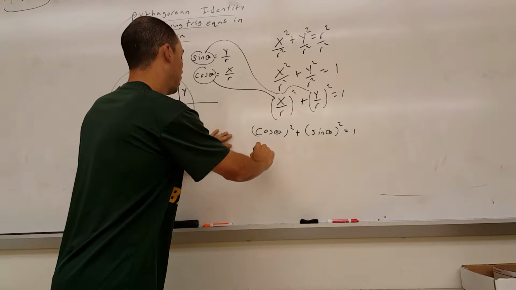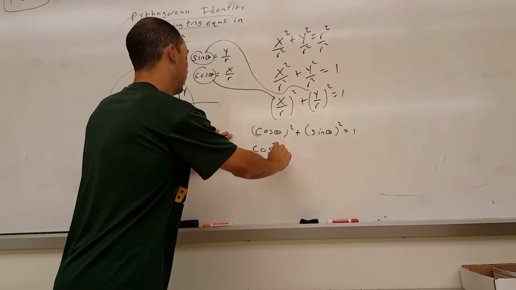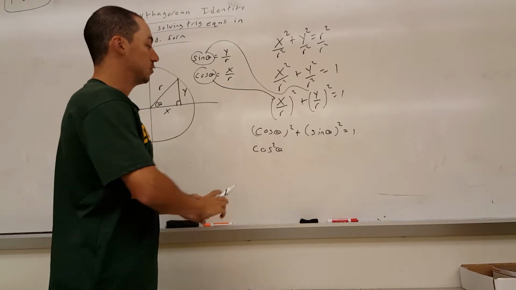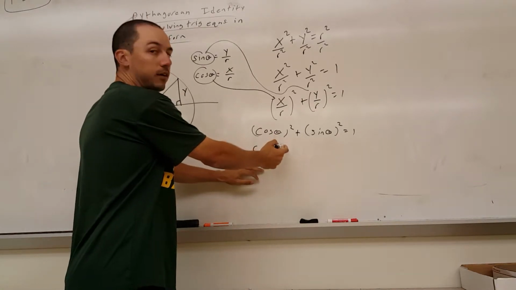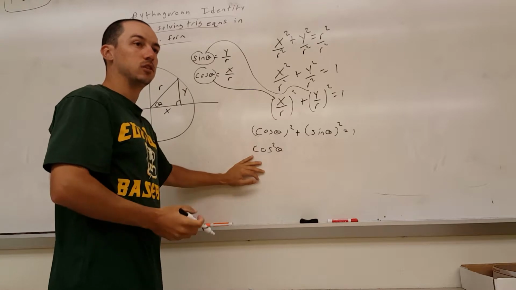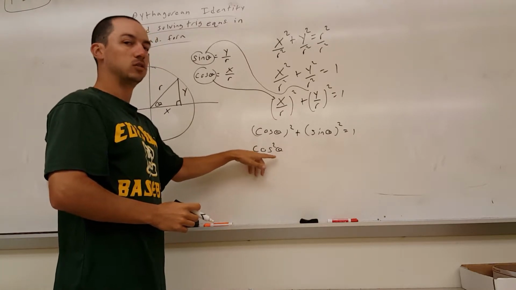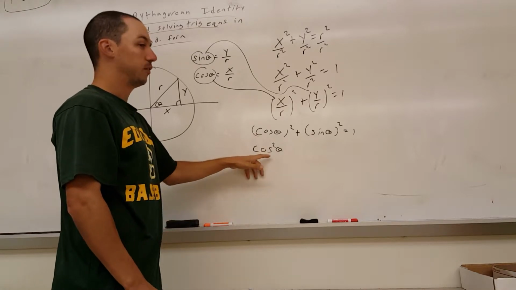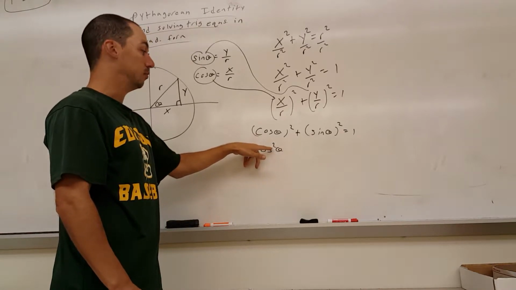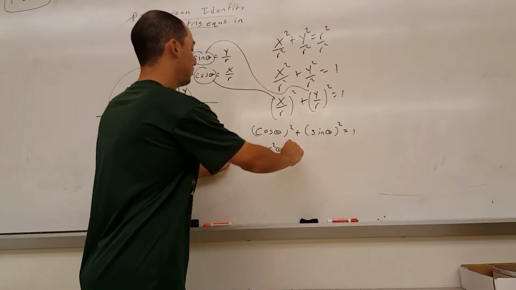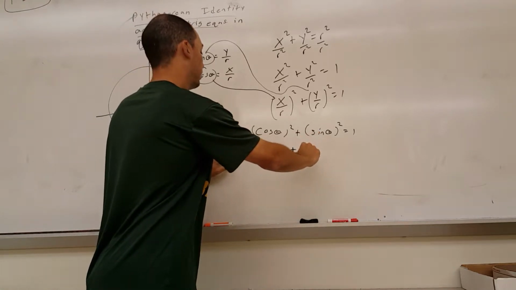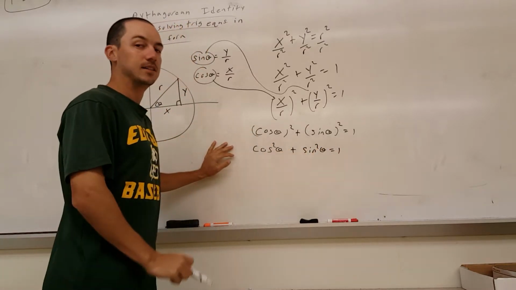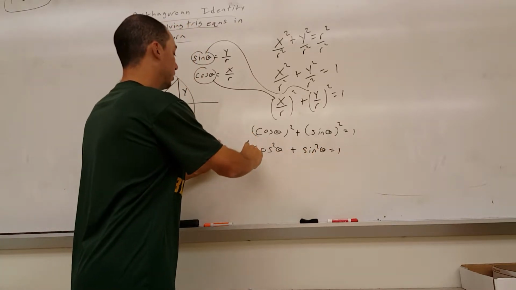We write it as cosine squared theta, and we say it in that order, cosine squared theta, just to avoid confusion, because if you put the square right after the angle, it's confusing. Do I square the angle, or do I take the cosine of the angle and then square it? Well, to remind you that you take the cosine of the angle and then square it, you put the square in between the cosine and the theta. Plus sine squared theta is equal to 1, and that is the Pythagorean identity.